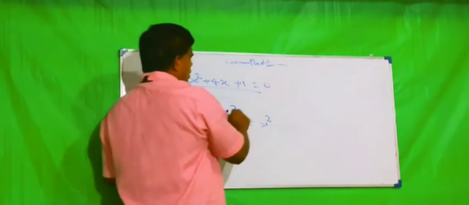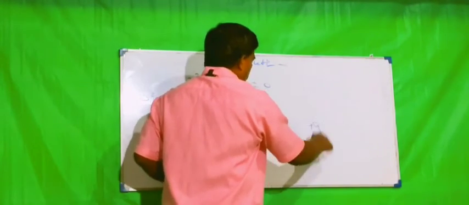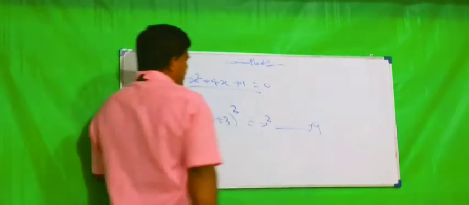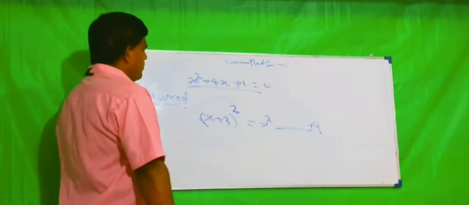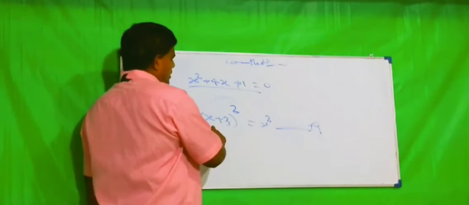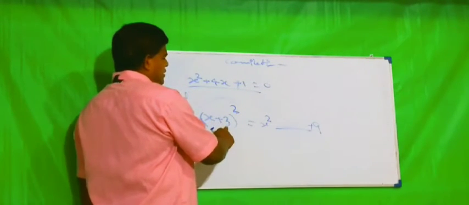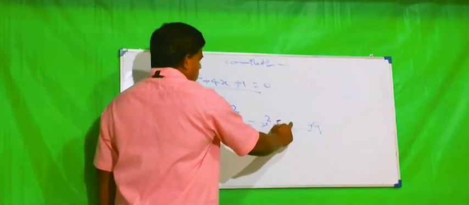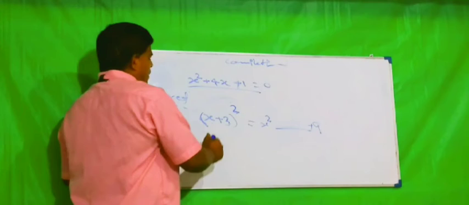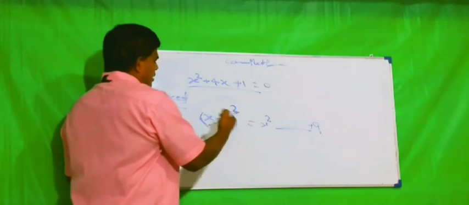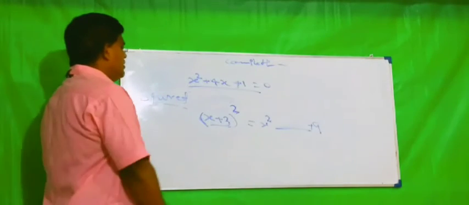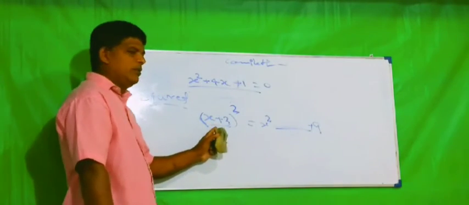Here 3 squared is 9. Then the midterm is obtained with a special method. The midterm, the second term in the expansion, is obtained by twice the product of the two terms.